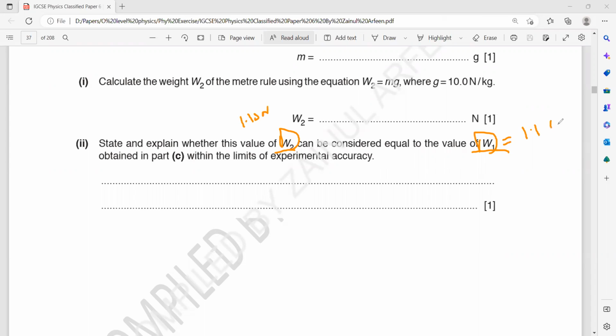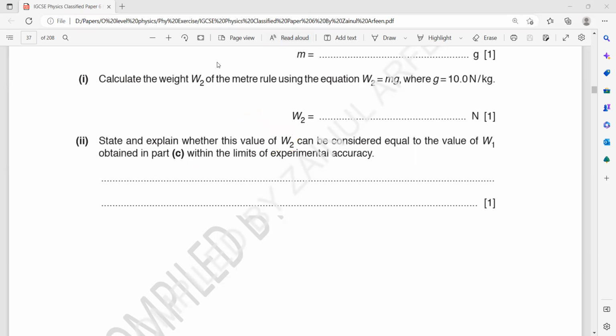Can we say they are equal? Yes, you can say they are equal within the limit of experimental accuracy. But what if W1 was 0.7 and W2 is 1.13? Can I say they are equal? Yes or no? No. So you will say no, within the limit of experimental accuracy, the two values are not equal.